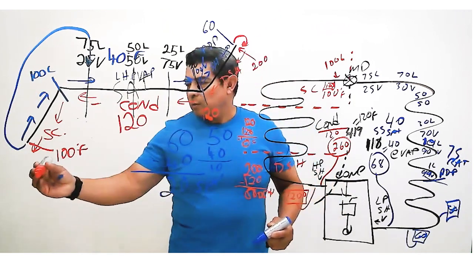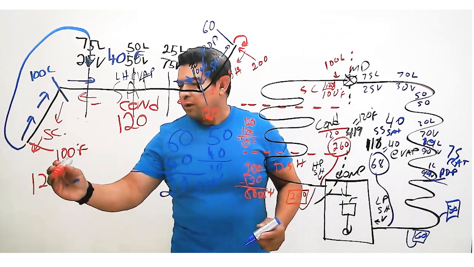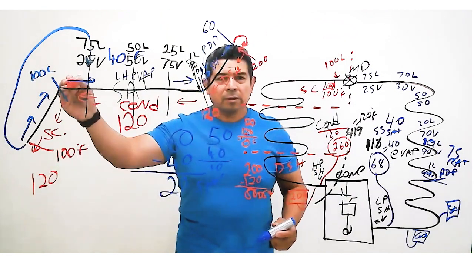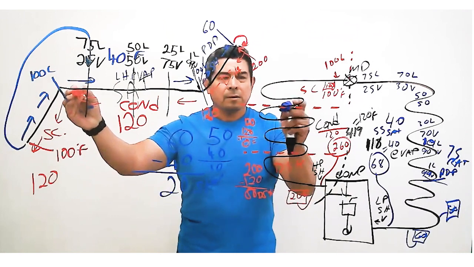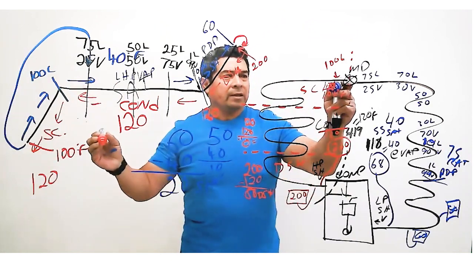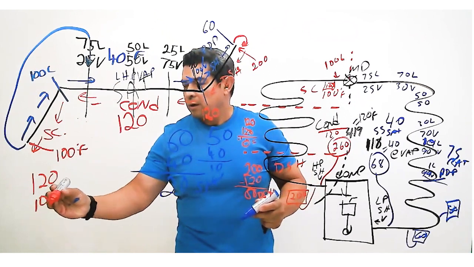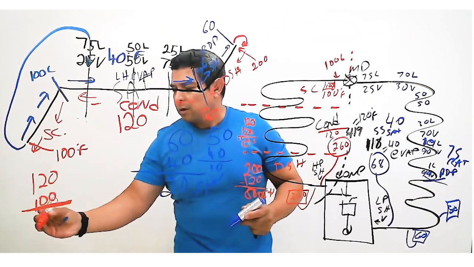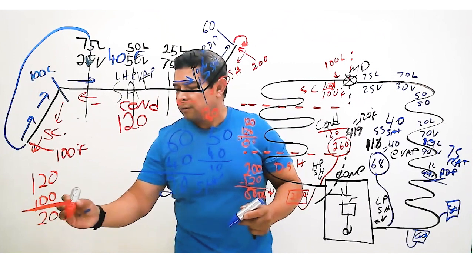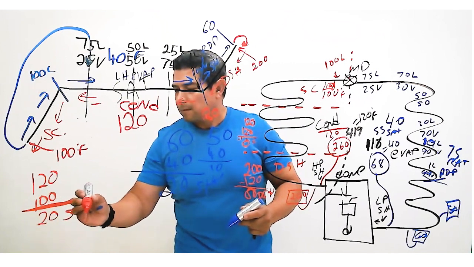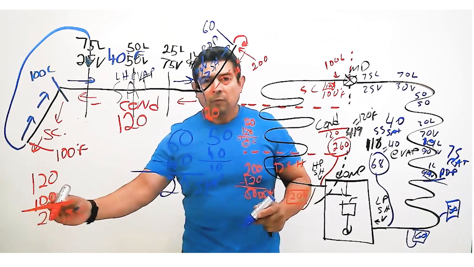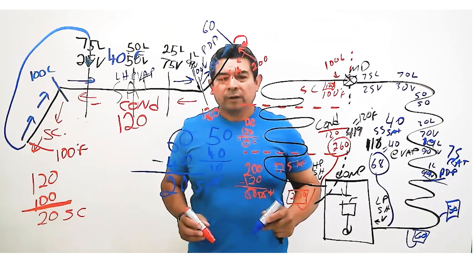Then at the end, we start off at 120, because right here is 120 degrees. We end at 100 degrees. So now we subtract, we end up with 20 degrees of subcooling right here.